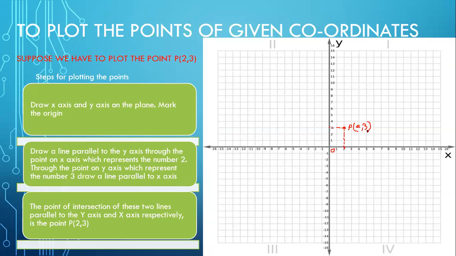And the point at which these two lines intersect each other will be the point P, and the coordinates are (2, 3). Means the x coordinate is 2 and the y coordinate is 3. Just go through the points. You have to keep these steps in mind while plotting the points on a graph.